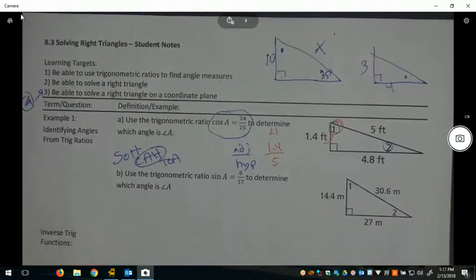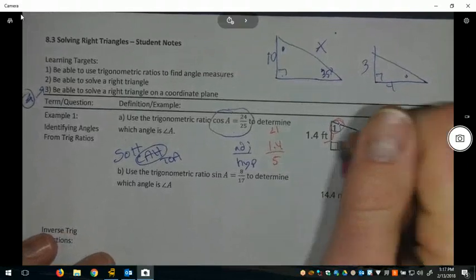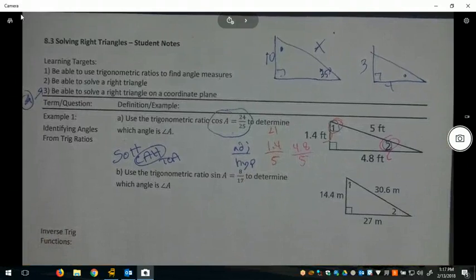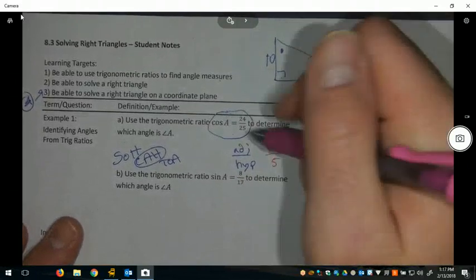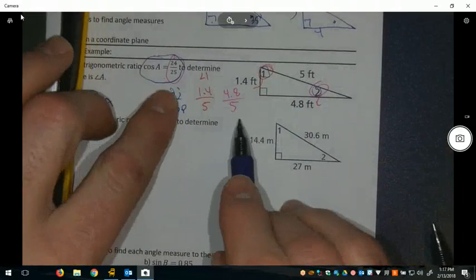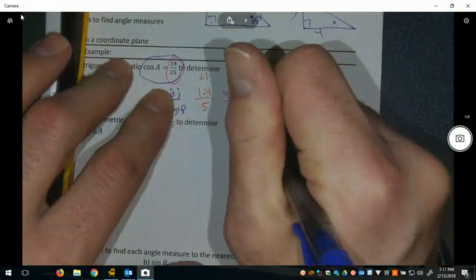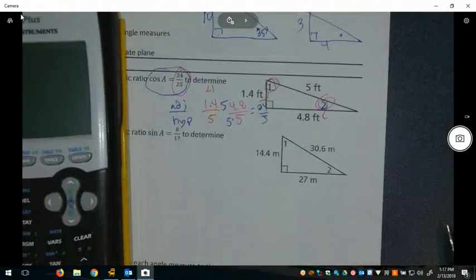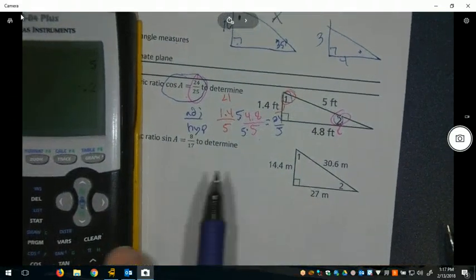Whereas if I used angle 2, the adjacent leg is 4.8, and the hypotenuse is 5. Most of us probably already know which one of these is closest to 24/25, but we could, if we want to, look at how we can convert this to be equal to 24/25. I would have to multiply the denominator by 5 and the numerator by 5, so 4.8 times 5.